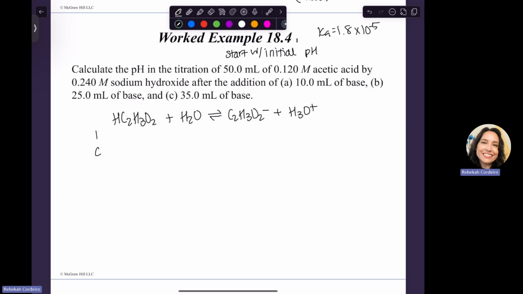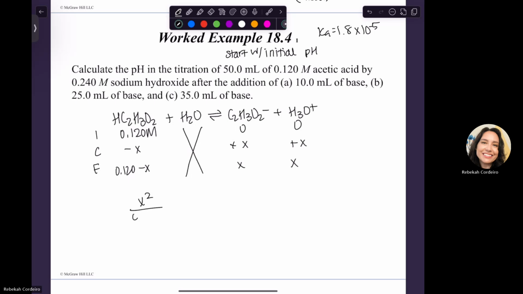So my initial pH, hopefully by now you're pretty familiar with this, using x is small.